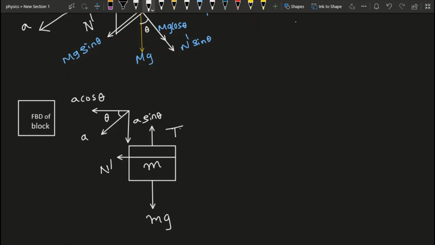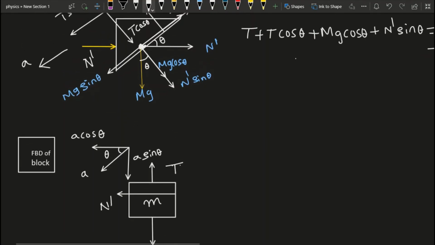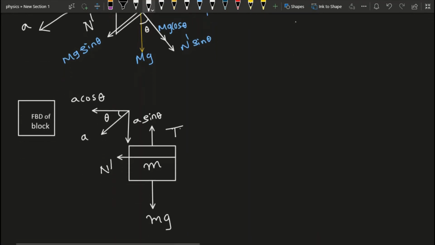You can clearly see the acceleration is resolved, and this is the a cos theta, which is acting in negative x direction, and a sin theta is acting in downward direction. So this is the acceleration with which the block small m will move in downward direction, and this is the acceleration with which the block small m will move in negative x direction. And here the force n dash is acting on the block small m in negative x direction. See, this is the positive x direction and this is the negative x direction.